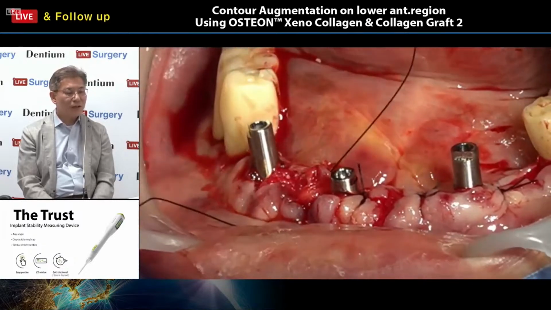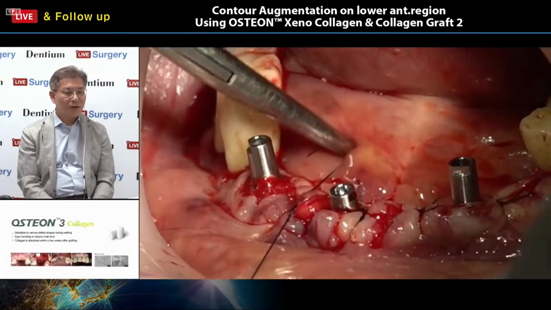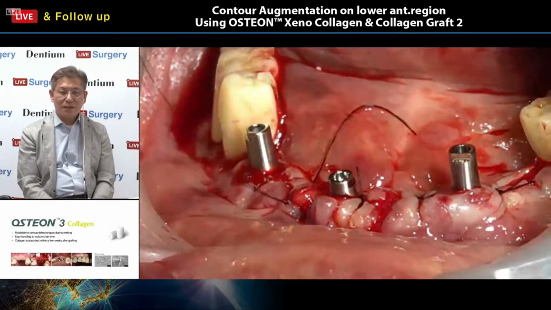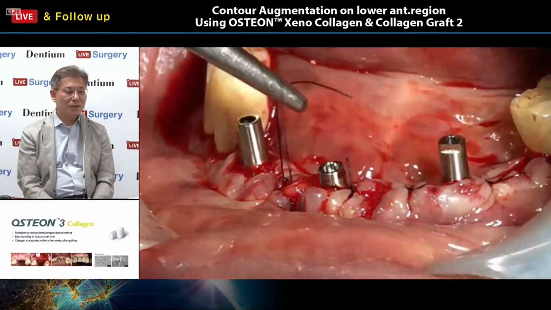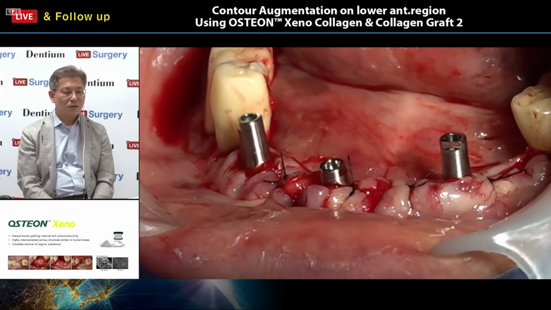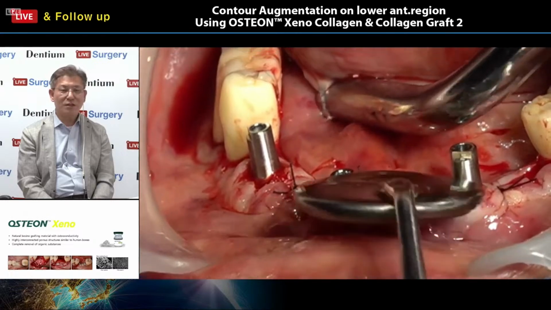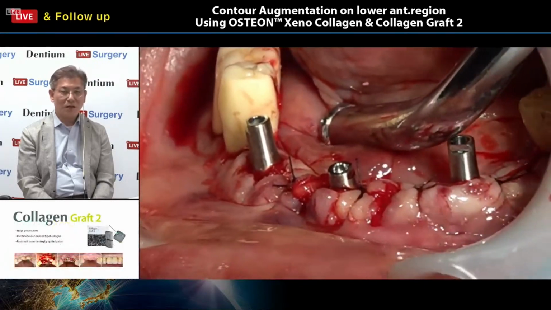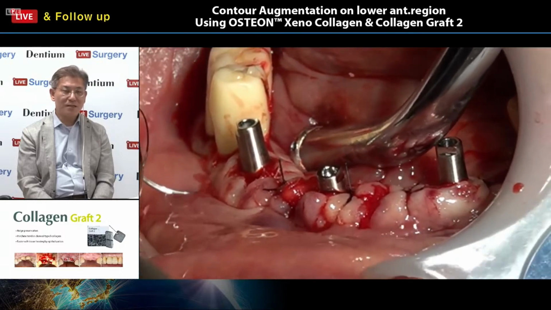These graft materials can also be applied as a free gingival graft procedure, so you can use them with a palate-free concept, right?